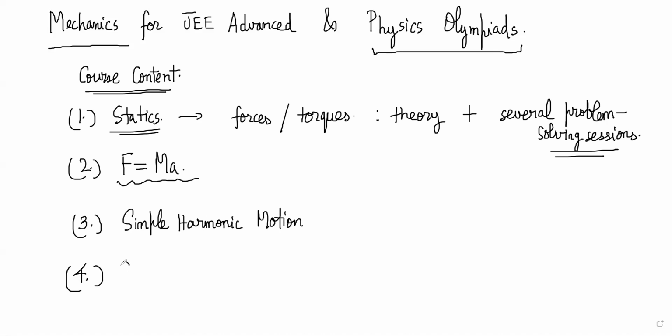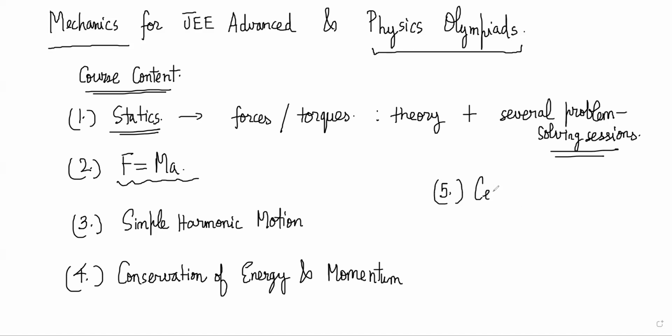Then the next chapter is conservation laws, conservation of energy and momentum. That will be chapter number 4 for us. After that, we go over to central forces and gravitation.